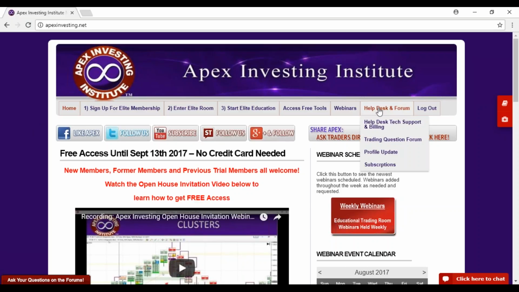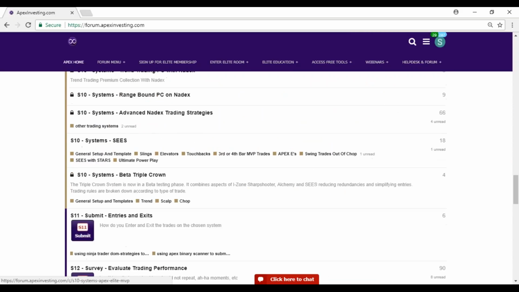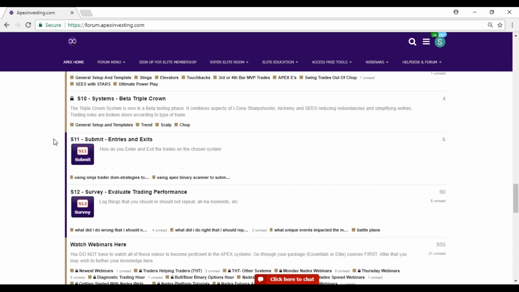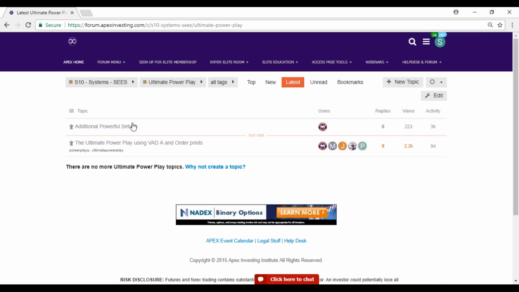If you go right here to the forum, go to Help Desk and Forum, go right here to Trading Questions Forum, and you scroll down. Okay, and you go down into S10 C's. You're seeing some different stuff on my forum here because I have a different access forum, but right here under S10 C's, you go to Ultimate Power Play, just like you've seen before.